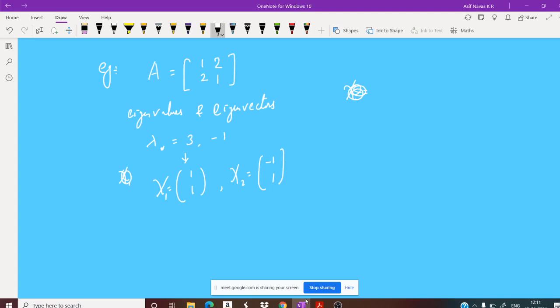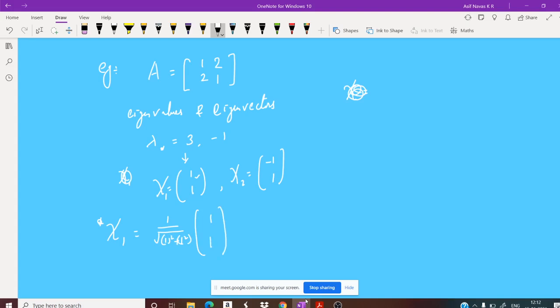If you have an eigenvector and multiply it by any constant, you again get an eigenvector. So x1 is equal to 1 by the norm of this, that is, the norm means root of 1 square plus 1 square, into 1, 1.